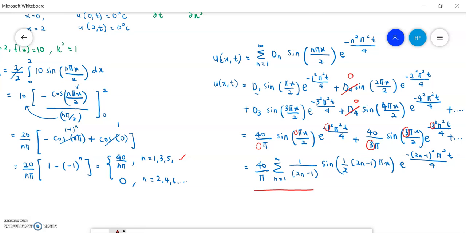So this is the solution of the PDE for u(x, t).